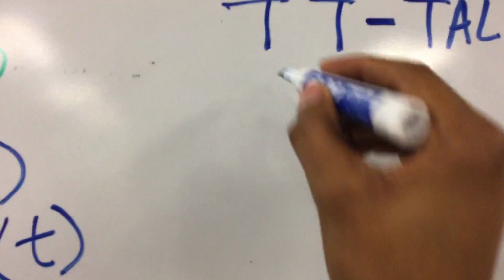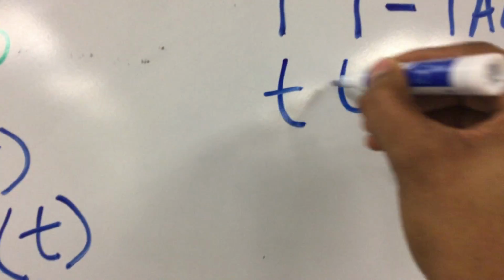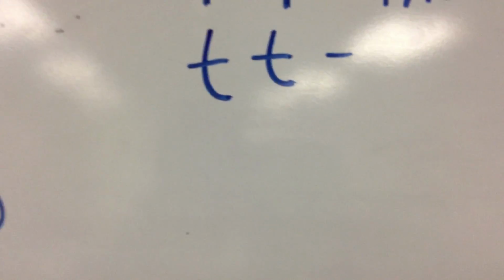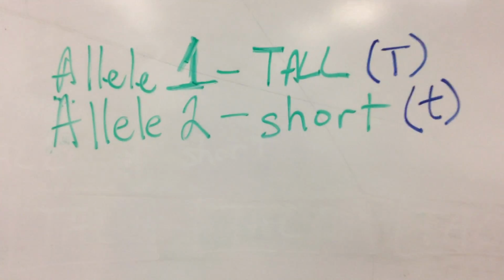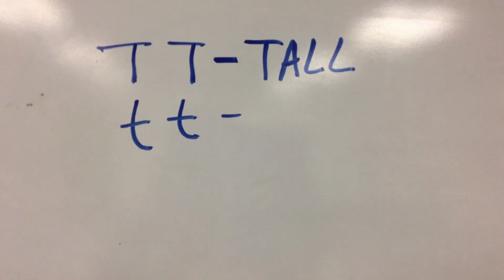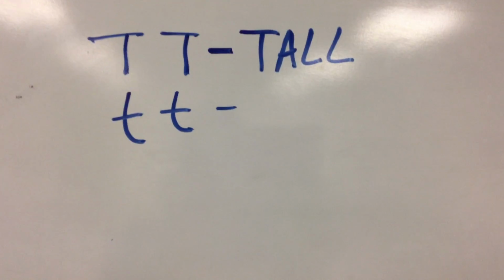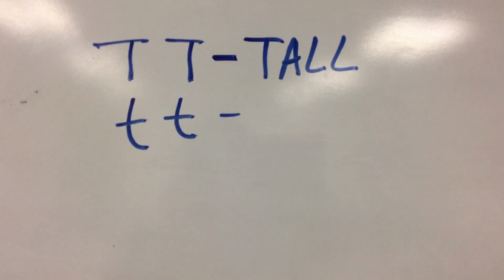Likewise, let's say mom and dad both ended up giving short alleles, the short versions of the gene. Do you think that baby plant would end up being tall, short, or medium?